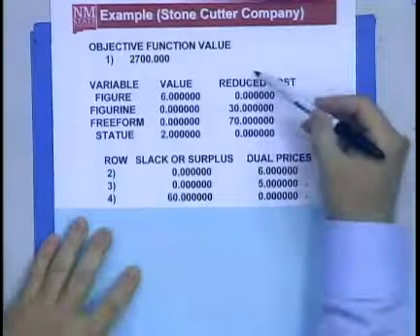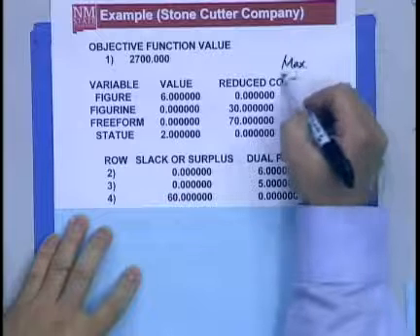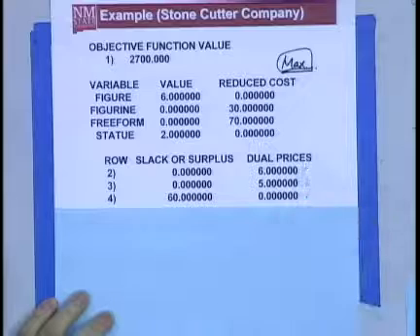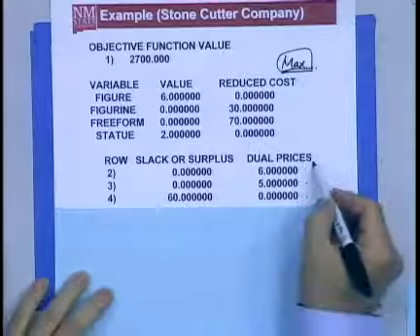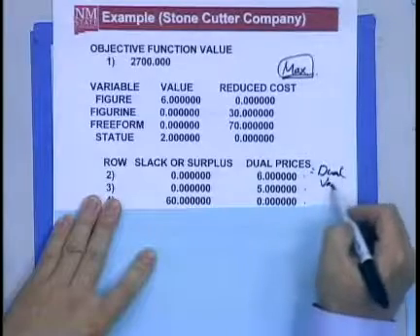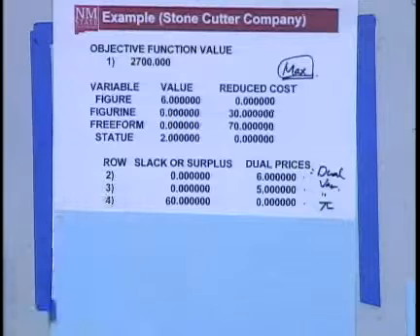Because this primal problem is a maximization problem, right? This dual price is exactly the same as the dual variable, which is the simplex multiplier vector pi.